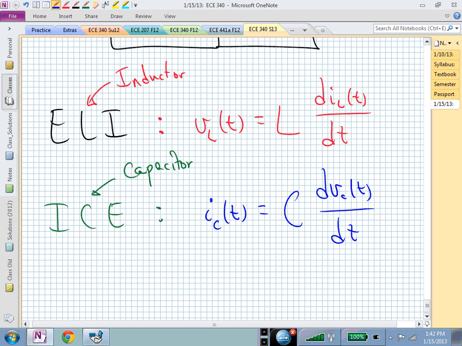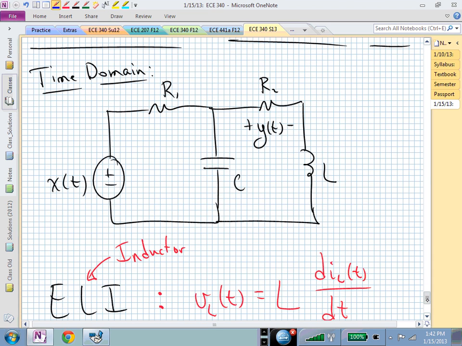Let's now see if we can write some equations for this circuit in terms of inductor current and capacitor voltage. Meaning I would say, okay, I want to write in terms of this and this.